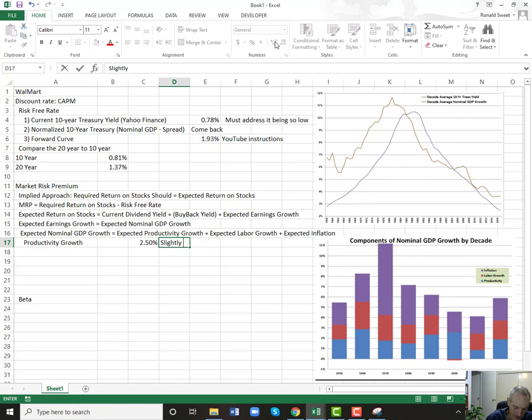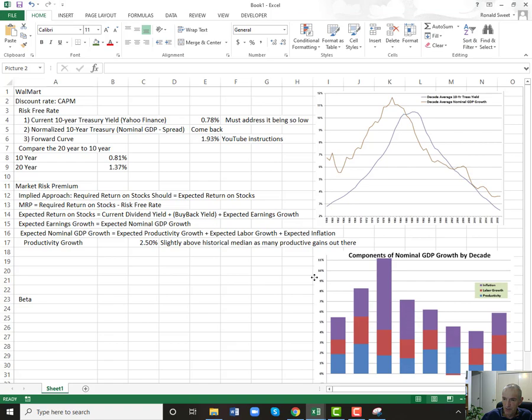So, slightly above the historical median as many productivity gains are out there. It could be autonomous vehicles, artificial intelligence, robotics, battery-powered cells. We hear Tesla talking about a 1,000,000-mile battery life. Those are all huge when it comes to productivity.